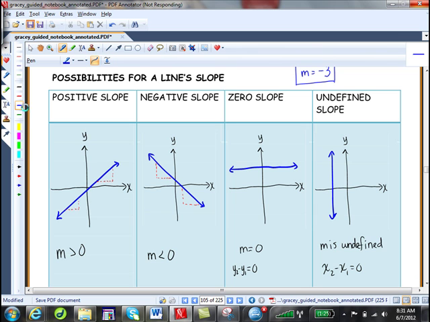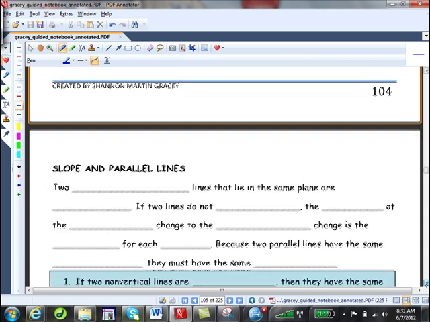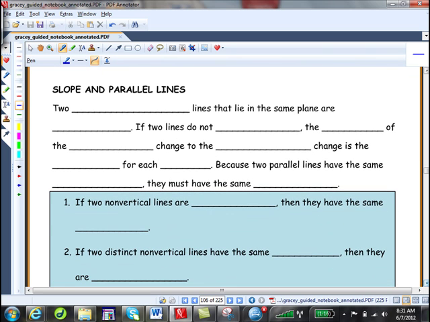So let's go to our next set of materials. Slope and parallel lines. Two non-intersecting lines that lie in the same plane are parallel.